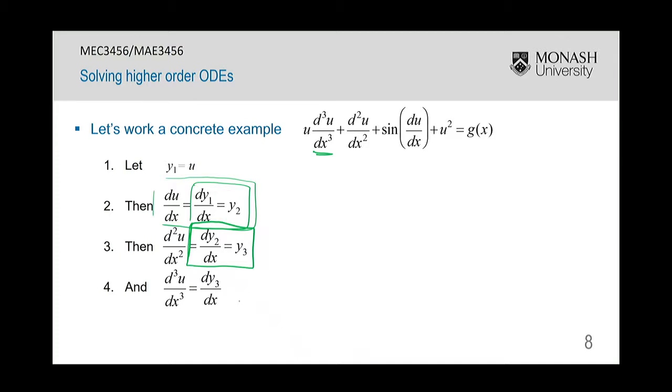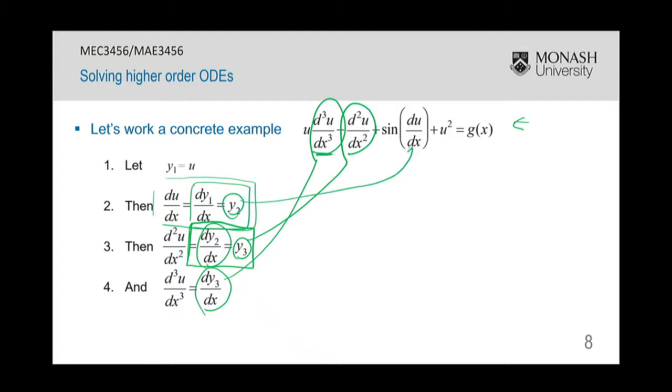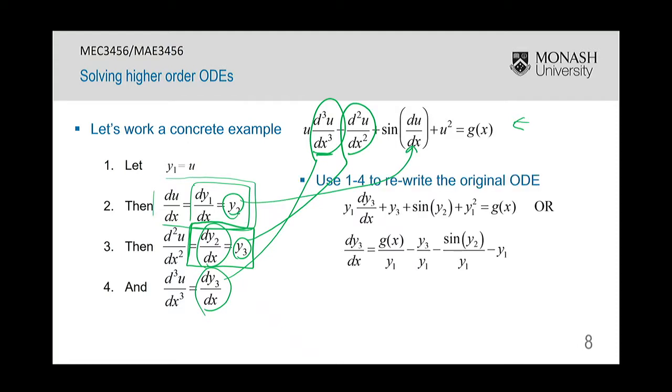That's not actually an ODE yet. We need to calculate the last ODE from this expression here. So let's substitute y3 for that, y2 for that, and we substitute those in.